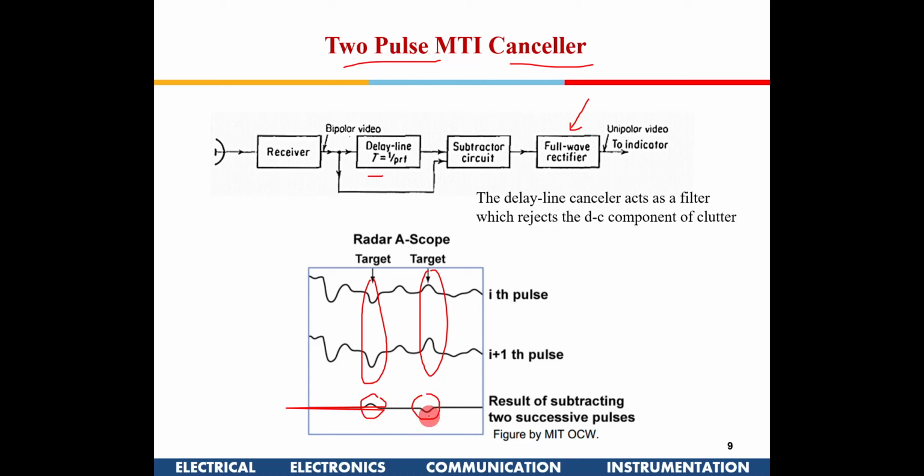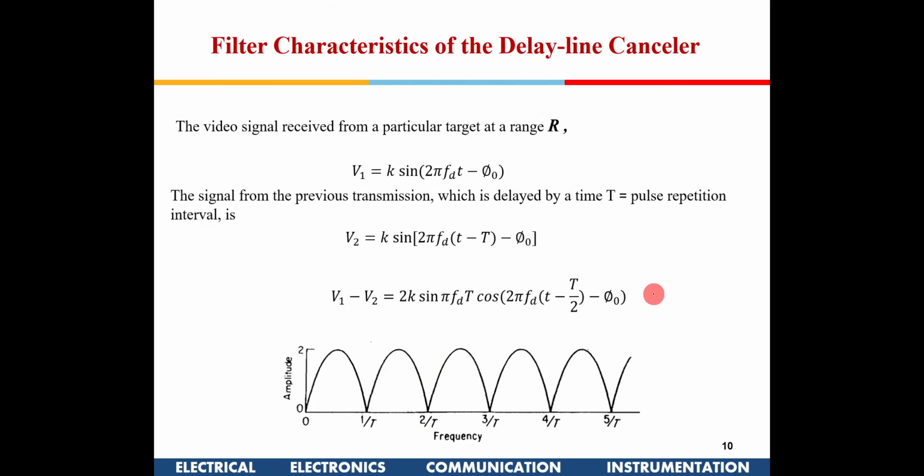So with a rectifier, you will get a positive blip here, and a positive blip here. Only where there are moving targets is a target detected. So this is how you can remove all the clutter from your scope.